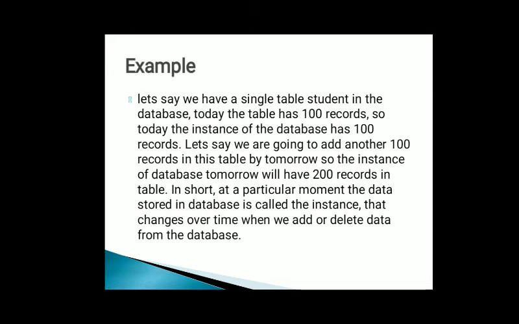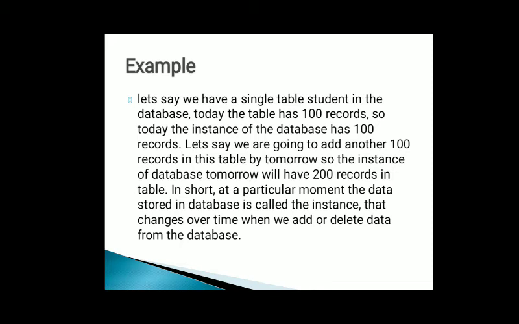Got it? Now let's see an example. Let's say we have a single table student in the database. Today the table has 100 records. So today's instance of the database is 100 records. Let's say we are going to add another 100 records to this table by tomorrow.